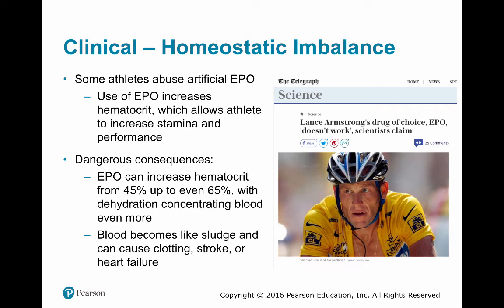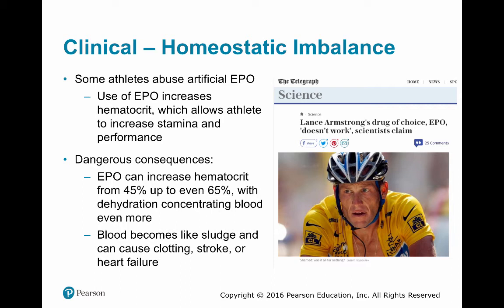Basically, the use of EPO increases hematocrit, which is the percentage of red blood cells in your body, which allows athletes to increase stamina and performance. There is a dangerous consequence of doing this, because if your average hematocrit is 45%, it can increase up to even 65%, and this is going to make your blood even more sluggish. It can cause clotting, strokes, and heart failure.